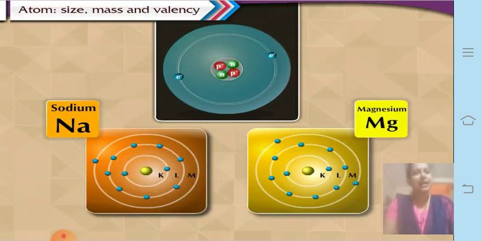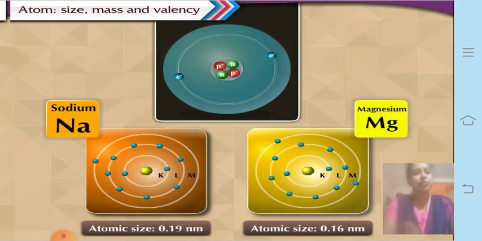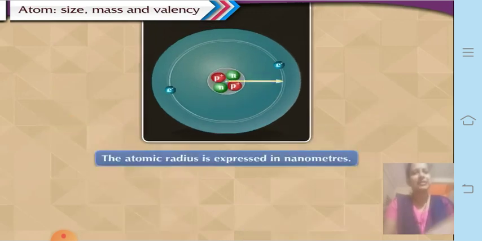Therefore, the atomic size of magnesium is smaller because it has more electrons. You are going to learn in standard 10 why it is smaller, so right now it is not required. You just remember that the more electrons in the outermost orbit, the smaller the size.